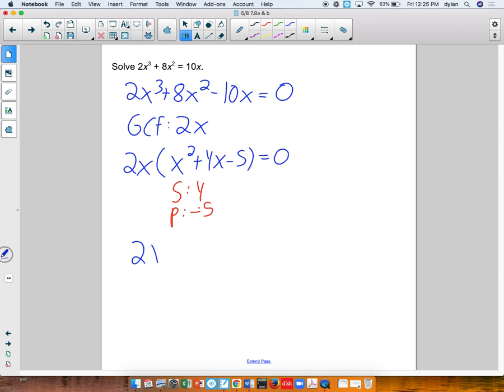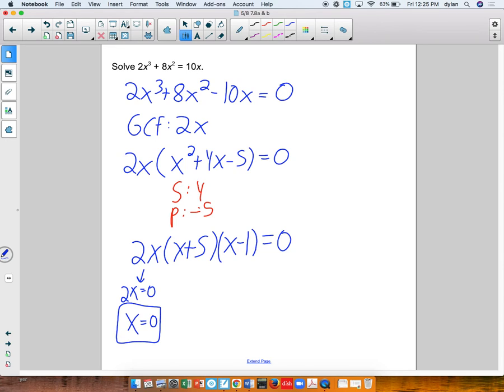So we've got 2x times x plus 5 times x minus 1 equals 0. Now we can just use our zero product property. 2x equals 0 means that x equals 0. x plus 5 equals 0 gets us x equals negative 5, and x minus 1 equals 0 tells us that x equals 1.